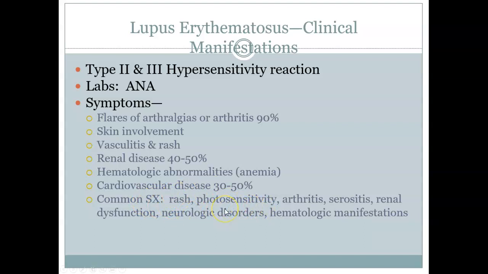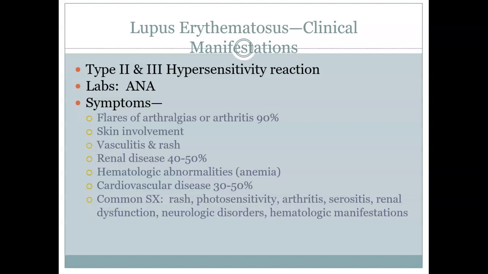These folks have to wear glasses outside. They have arthritic issues, inflammation of the vessels, renal dysfunction. They can develop neurological disorders and blood disorders. You will see when you draw up labs, you'll see some different labs for them as well.